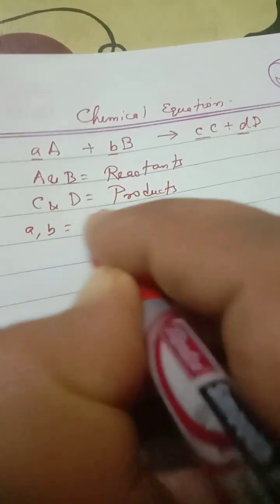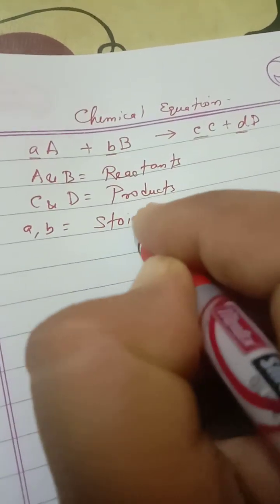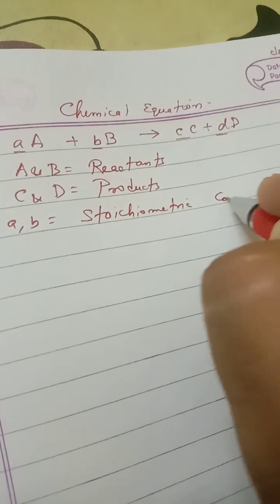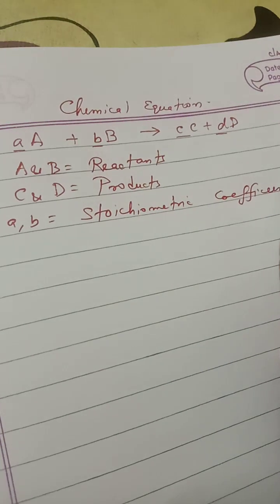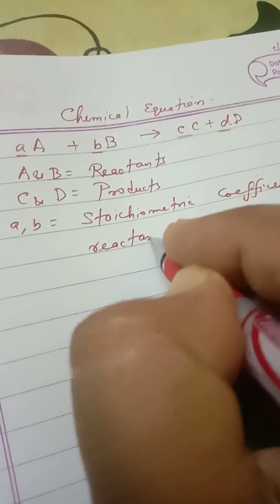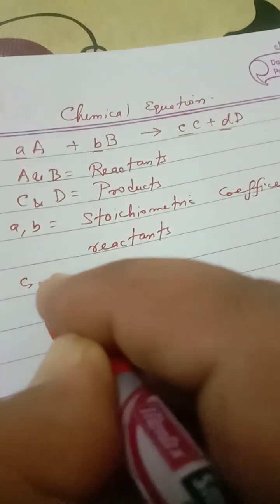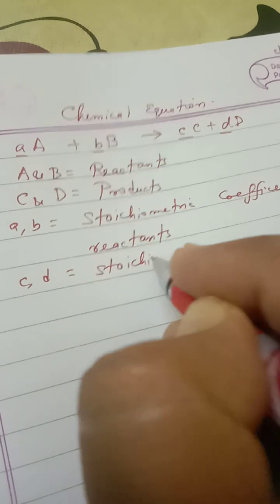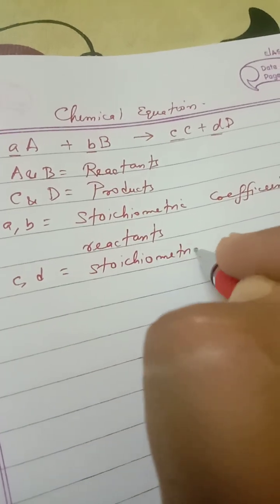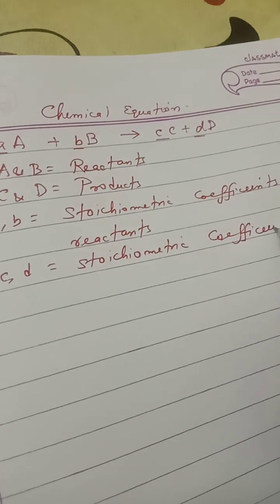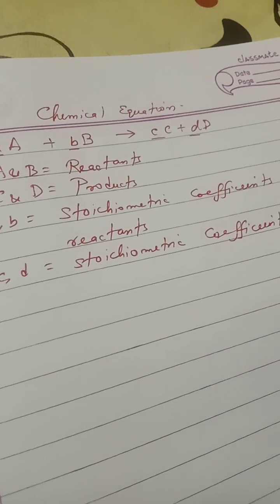Now a, b are stoichiometric coefficients of reactants. c and d are stoichiometric coefficients of products.